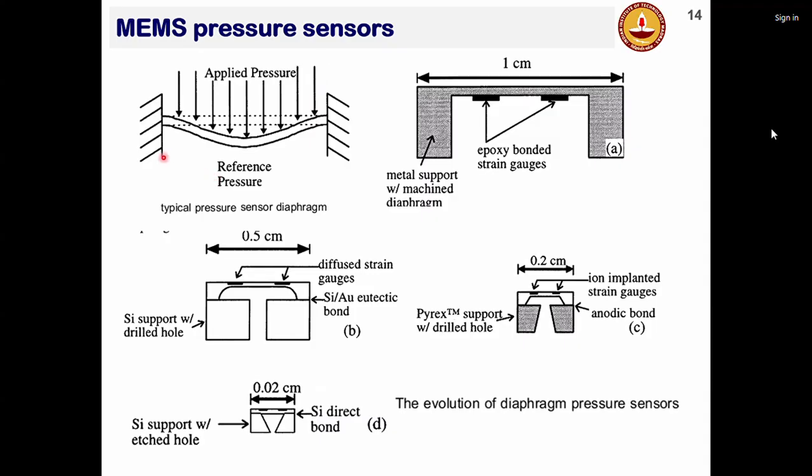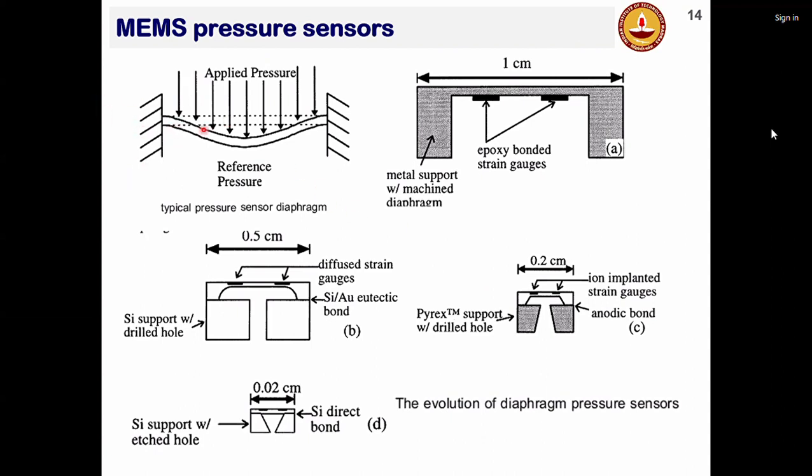Typically, the principles are similar, just that the structures are very different. Okay, you can see that they are typically less than a centimeter to even close to a millimeter. Okay, the sizes are really, really small. And the principles are similar.